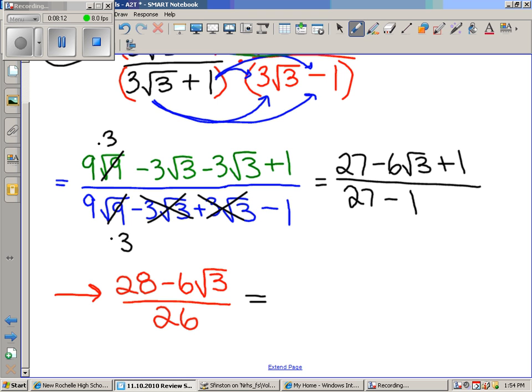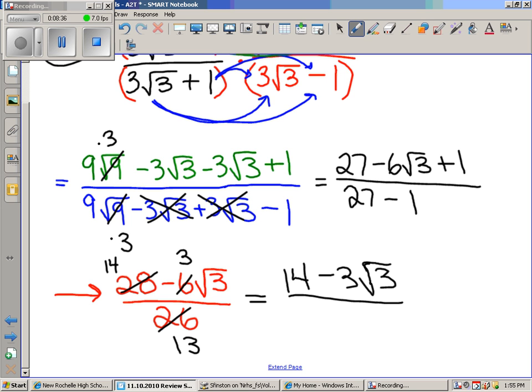Yeah, great observation. 2 goes into 26 13 times. 2 goes into 28 14 times. And 2 goes into 6 3 times. So the final answer is 14 minus 3 radical 3, all over 13.